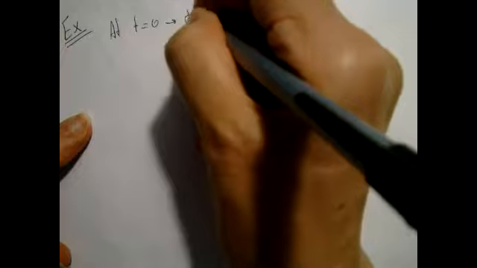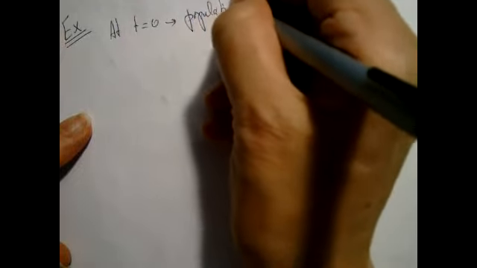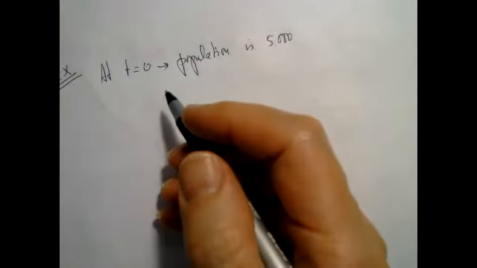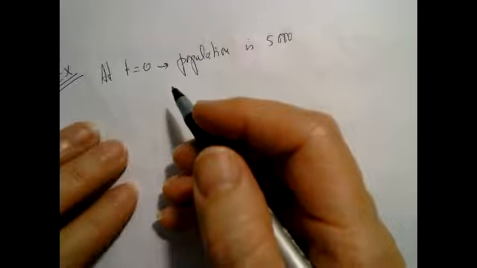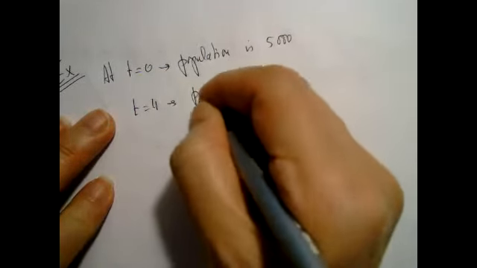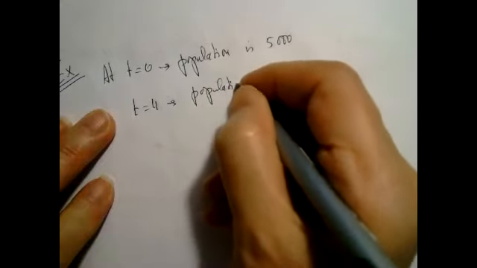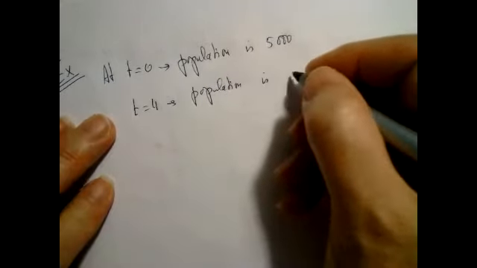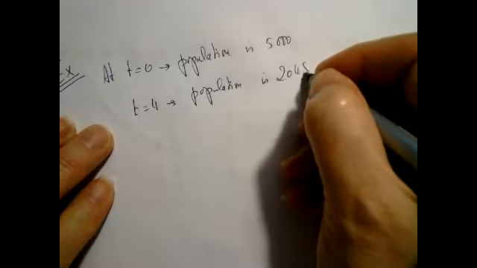So they realize the following, that at t equal to 0, the population is, let us say, 5,000. It could be turtles, it could be rats, that's the population, okay? And they check the population after 4 years, so at t equal to 4, the population is declining, and the population is 2048.